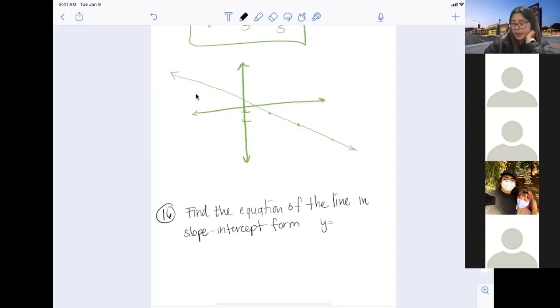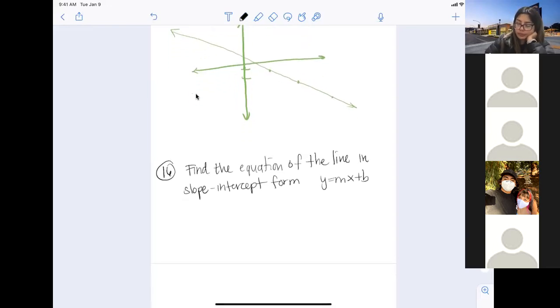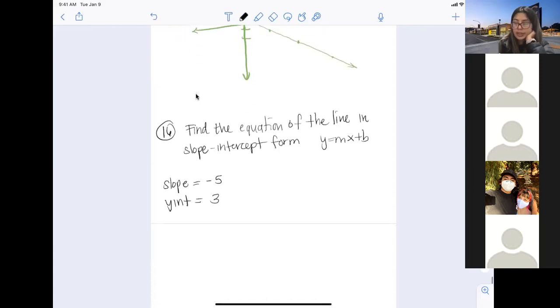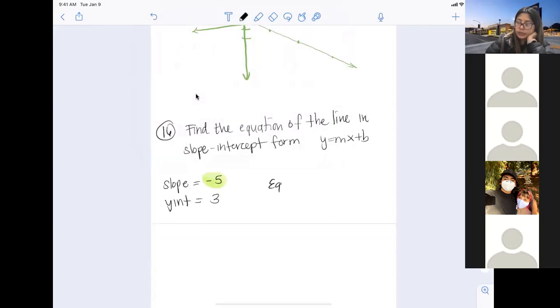That one is y equals mx plus b, where b is your y-intercept. So if I give you the slope m to be negative 5 and the y-intercept to be equal to 3, well, this one's easy. M is negative 5, b is 3. So the equation is going to be y equals negative 5x plus 3. That is the equation. All you do is plug and chug, you plug it in.